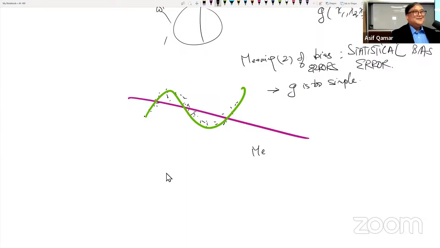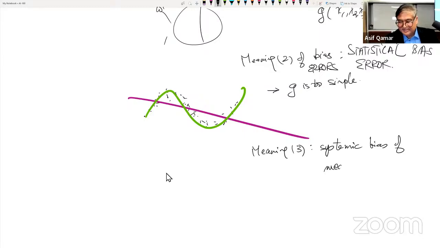So that is a systemic bias in the data. Meaning 3 is the bias of measurement, of the measurement equipment itself, the calibration bias. And of course, the fourth meaning of bias is the social bias, which at this moment please don't bring here, because we are not at that level.